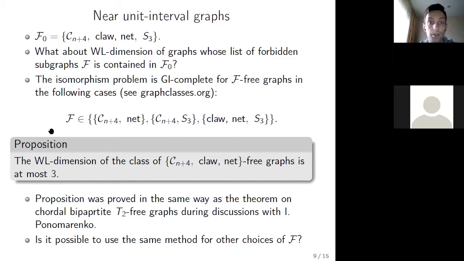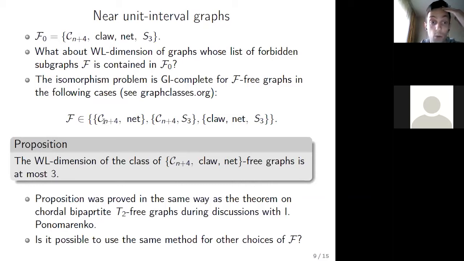For example, this happens if the list of forbidden subgraphs is one of the following: the cycles of length at least 4 and net; the cycles of length at least 4 and S3; and claw, net, and S3. So in these cases, the isomorphism problem for the corresponding classes of graphs is GI-complete, and there is no hope that Weisfeiler-Leman dimension is bounded.